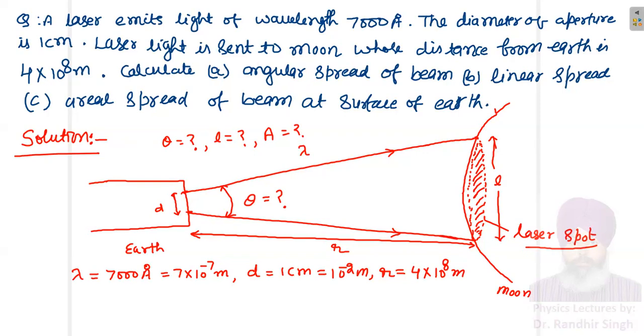Let me add a new page to it. Okay, angular divergence theta is given by a very simple expression: theta is equal to 1.22 lambda upon small d.